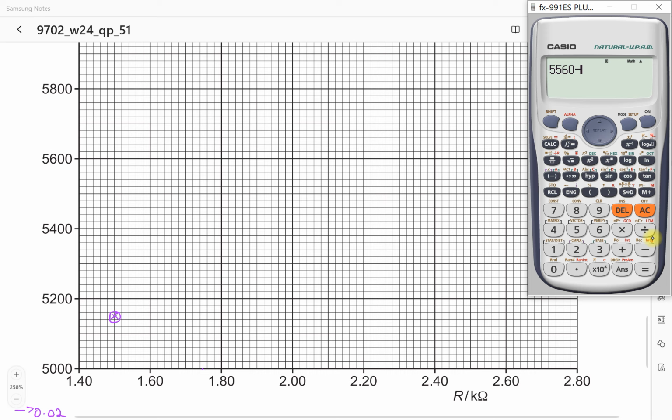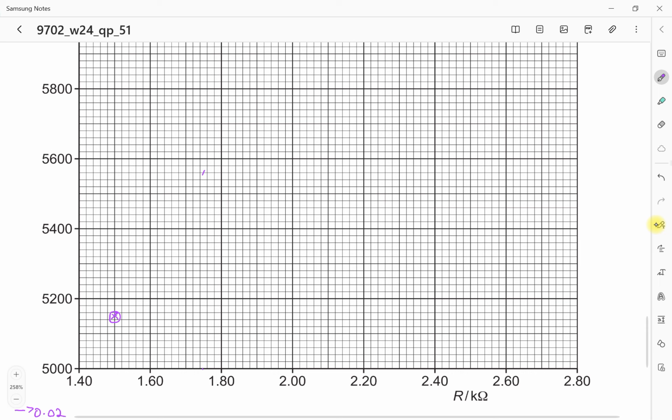The nearest is 5400. 5560 minus 5400, divide by the scale on the vertical, which is 20. So I'm going to add 8 boxes on 5400. So these are 5, 6, 7, 8. So the point is going to be here.